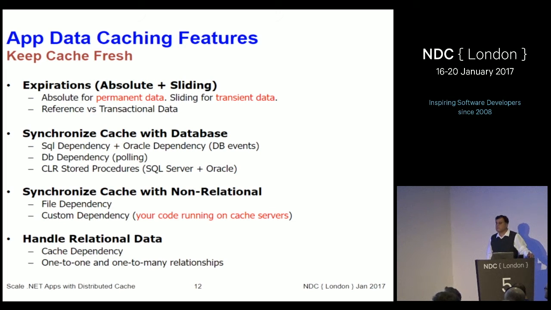So if the cache that you're using gives you a client library that's compatible with CLR environment in the stored procedure, either SQL Server or Oracle, Oracle on Windows, of course, then you can make the call from a CLR procedure. So the way CLR procedure works is that you don't create a SQL dependency anymore.